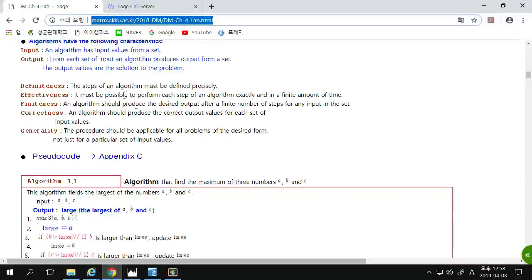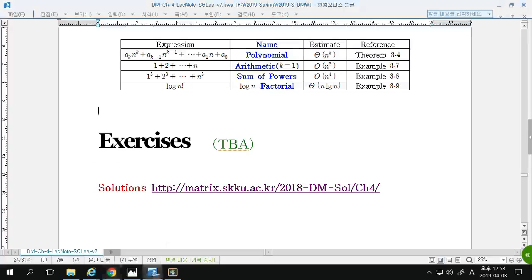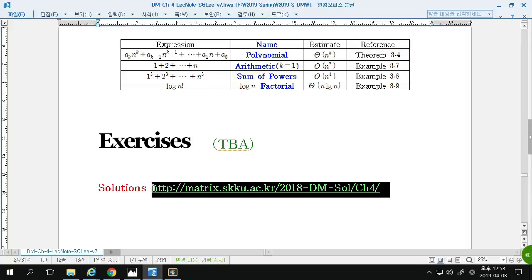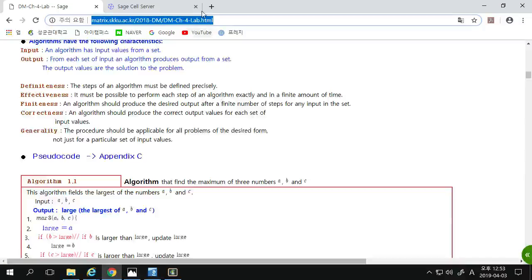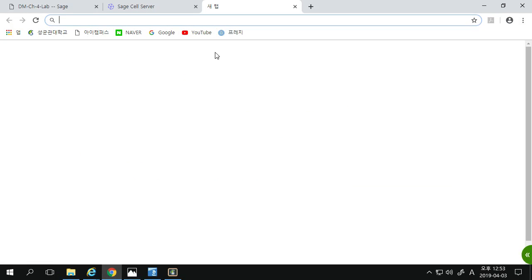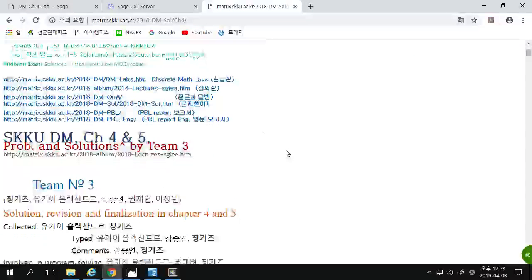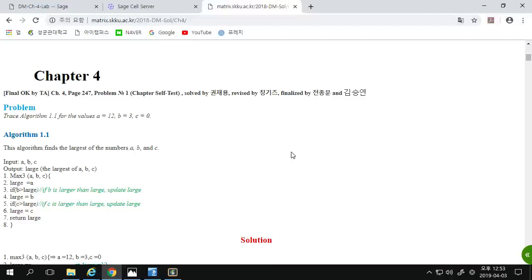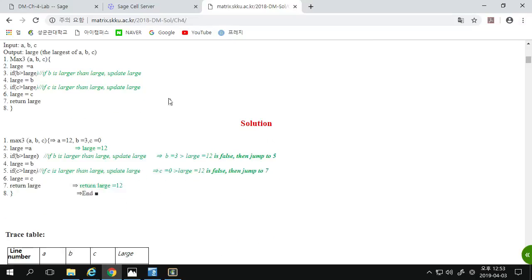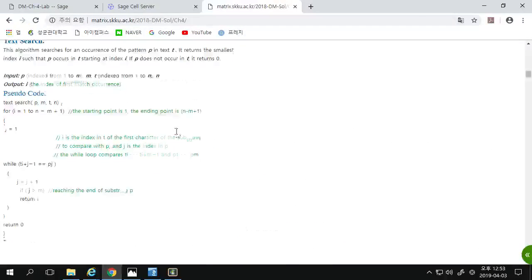And chapter 4, solutions. Copy this, see in Google Chrome. Here, I have uploaded the solutions of the problems in chapter 4 at this web address.